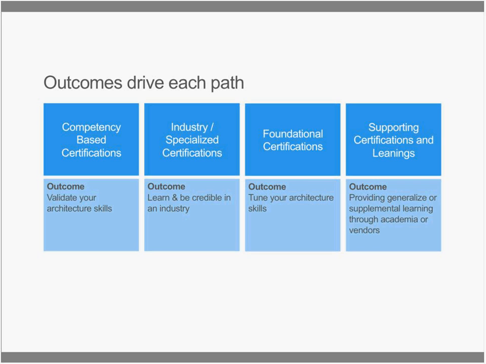Specialized certifications are really going to help you be credible in specific industries. So to go out to the U.S. federal government, I want to pick and learn and maybe even certify in the DoD Architecture Framework or the Federal Enterprise Architecture Framework, and really learn those in a deep way so that I could speak the business language of my customer.